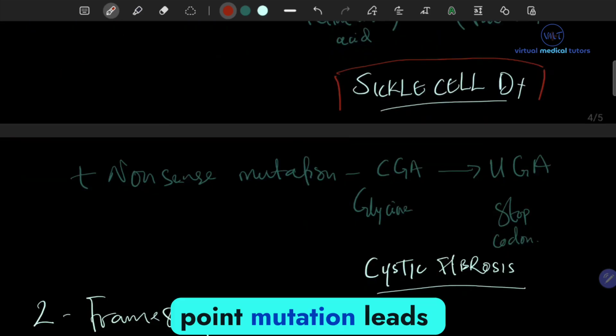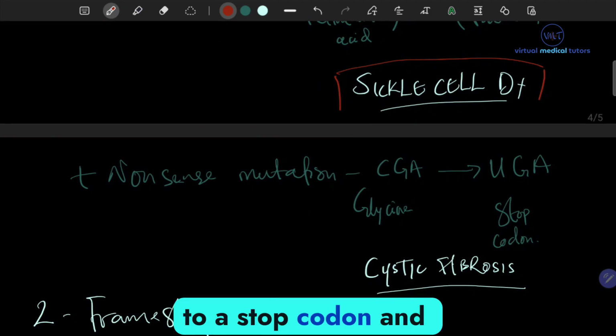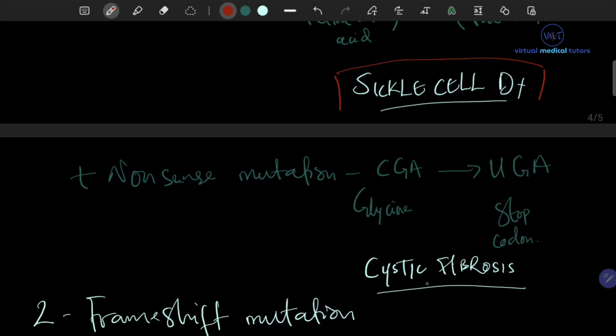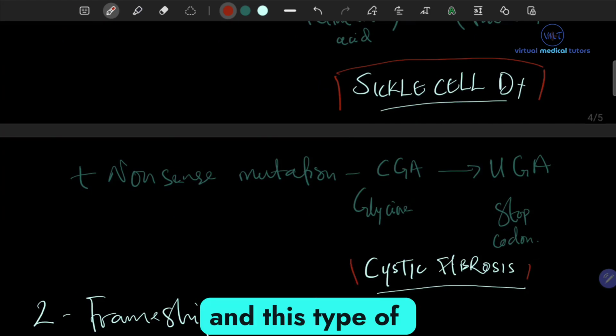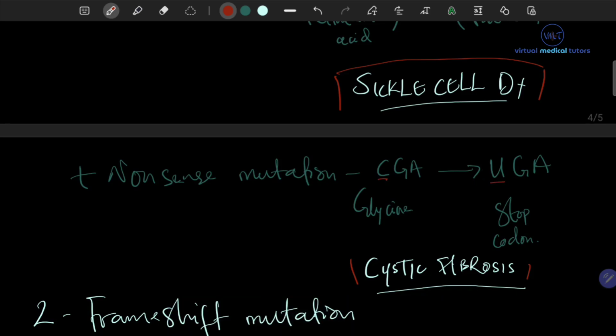Another type of point mutation leads to conversion of a codon to a stop codon, and this can be found in cystic fibrosis. And this type of mutation is a nonsense mutation. There's substitution of C for U.